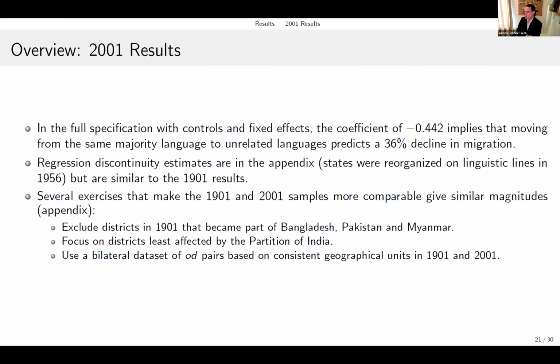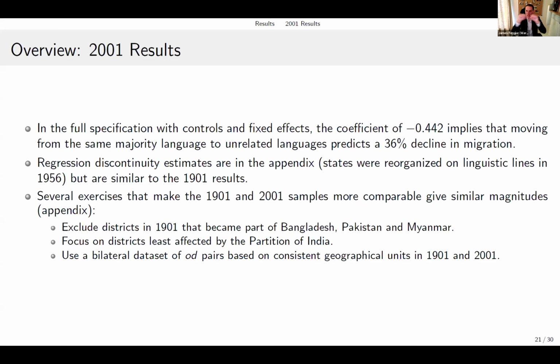Now, you might think that there's other reasons you don't want to compare the 1901 and 2001 numbers. So it could be that India's gotten a lot smaller than it used to be. That's fine. We can do the 1901 results in the set of districts that ended up in later India. You might worry that a lot of migrants came because of partition and got moved around, and that changed the set of languages, but also changed the number of people who are living outside of their district of birth.